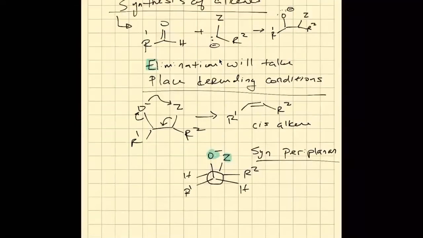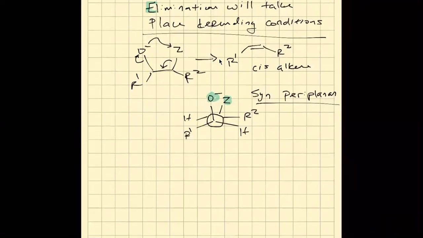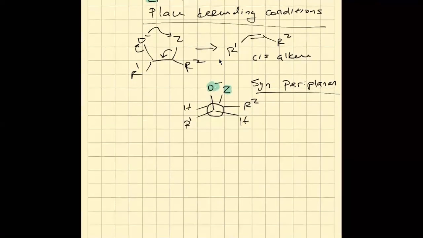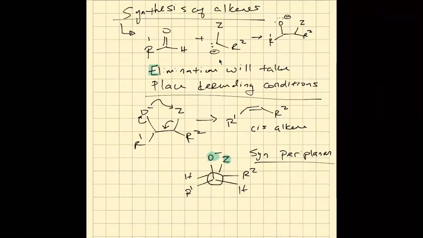Like what can we do to get to the trans alkene? Obviously, if you create a situation where Z and O are on opposite sides, then that's going to give you the opposite stereochemistry. So when we do that, again, it's all based on the conditions. So if I start with that same intermediate, I'm just going to copy it from up here.